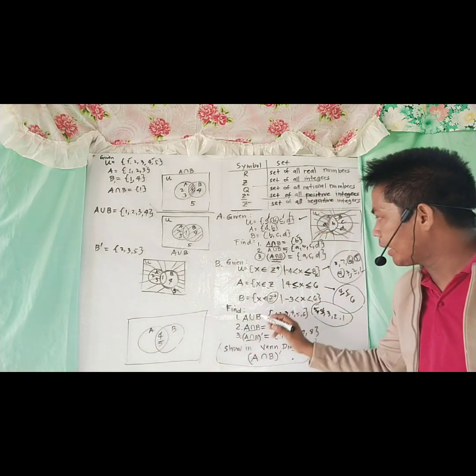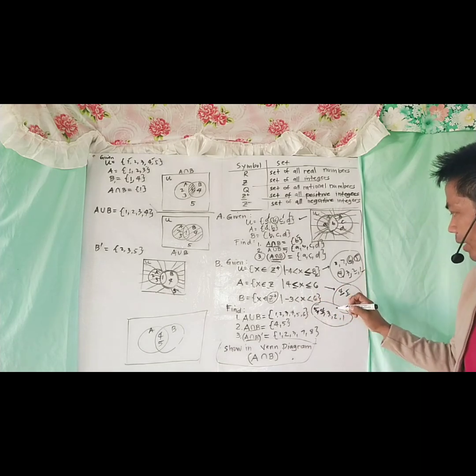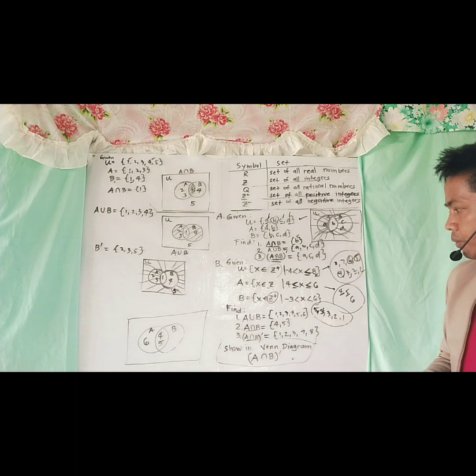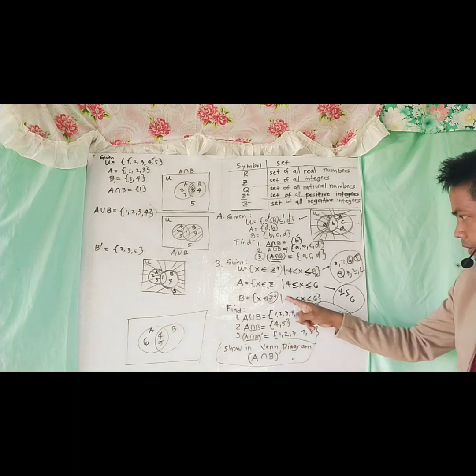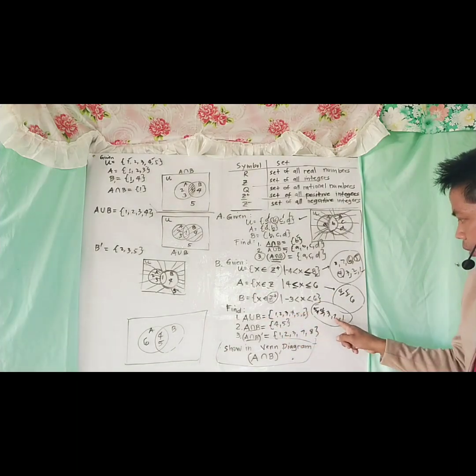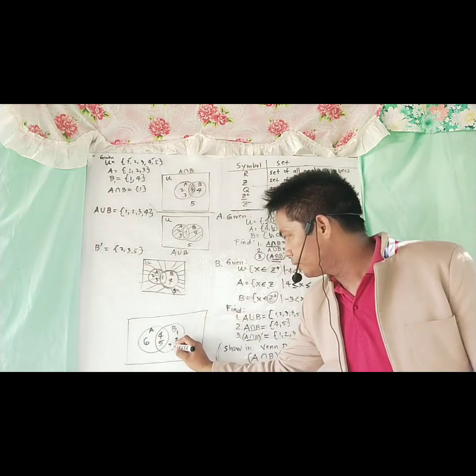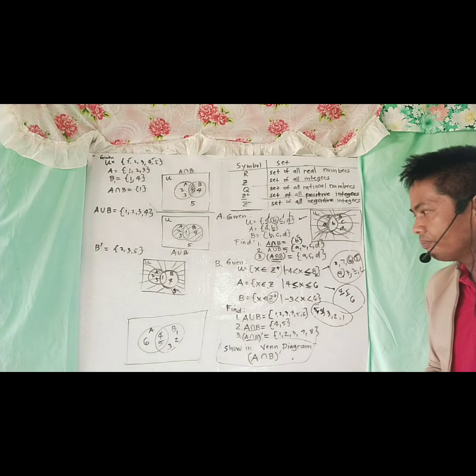For set A, we have 4, 5, and then 6. For set B, we have 1, 2, 3, 4, 5.